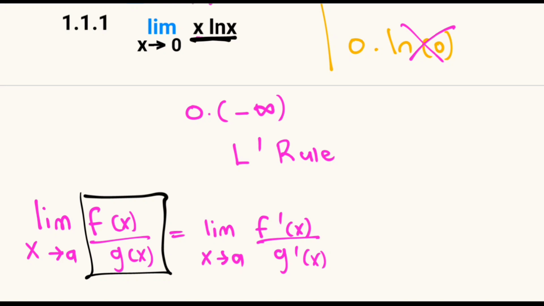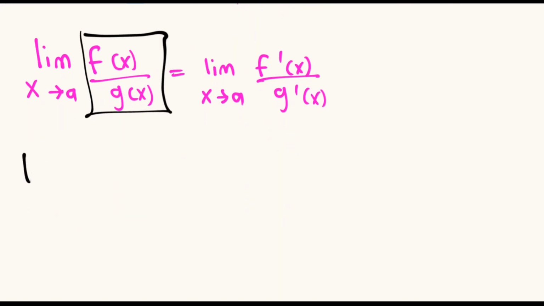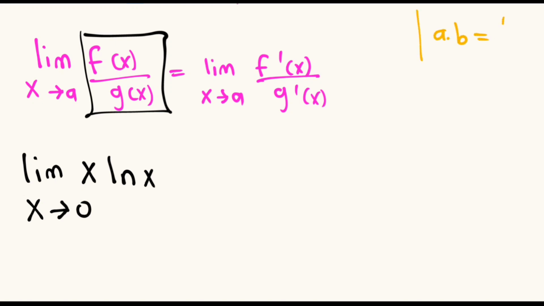So we first convert x multiplied by ln x into the form of a fraction. We have the limit of x multiplied by ln x as x approaches 0. A multiplied by b will be equal to b divided by 1 over a, or a multiplied by b will be equal to a divided by 1 over b.